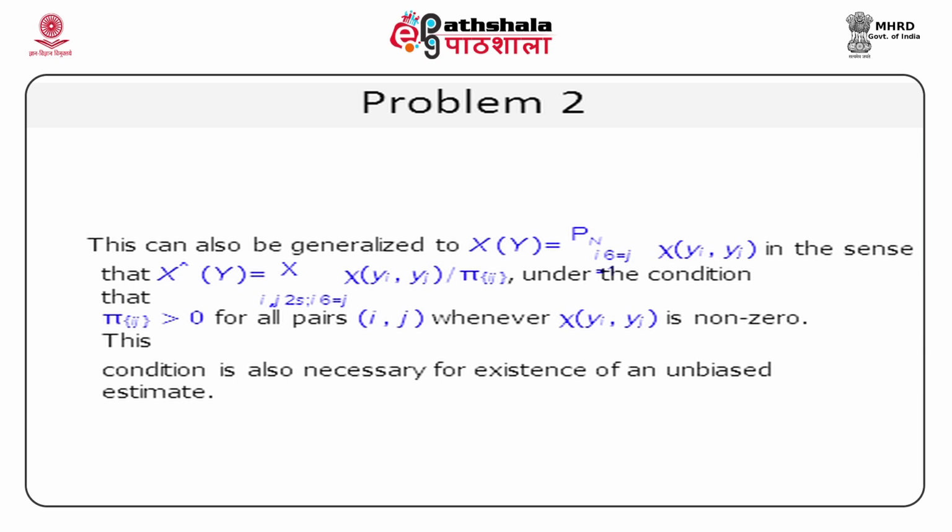This condition is also necessary for existence of an unbiased estimate. Yes, so you can see this time it is an additive function, but every component involves 2 terms, y_i and y_j. That is why you need a condition on pi_ij strictly positive, and then you divide by pi_ij for every pair of units in the sample.